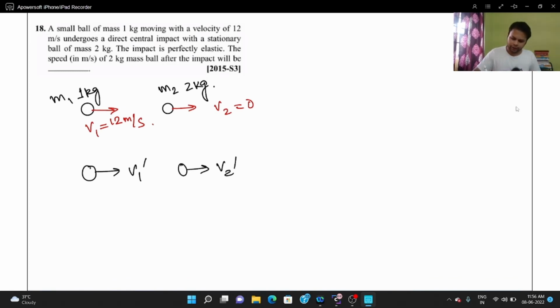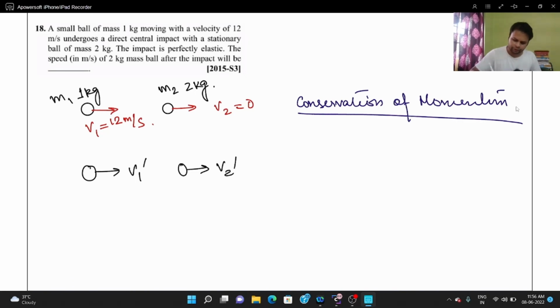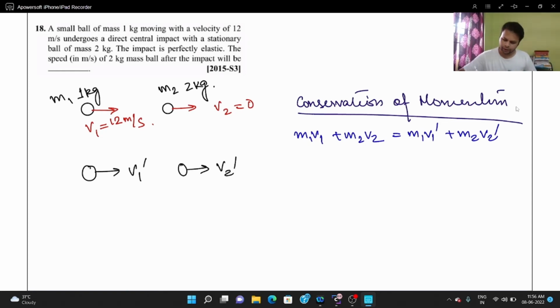So I am going to apply conservation of momentum. m1 v1 plus m2 v2, that is the total net momentum before collision, is equal to the net momentum after collision, m1 v1 dash plus m2 v2 dash. Now this term m2 v2 is equal to 0 because initially the velocity of the 2 kg mass was 0.